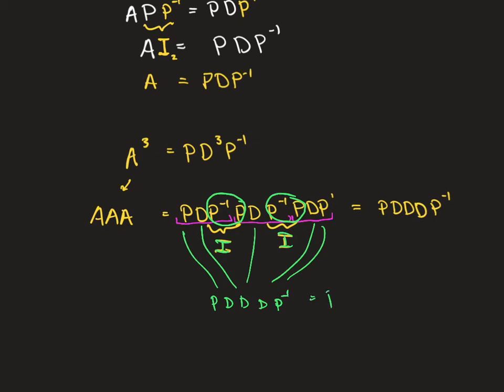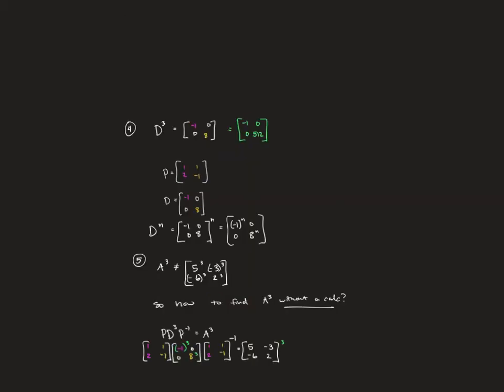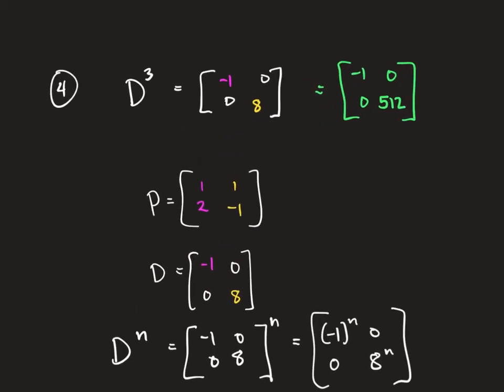So this is equal to P D cubed P inverse. Sweet. And then because D is diagonal, we know that D cubed is, I probably should put a cubed here, equal to -1 cubed and 8 cubed.